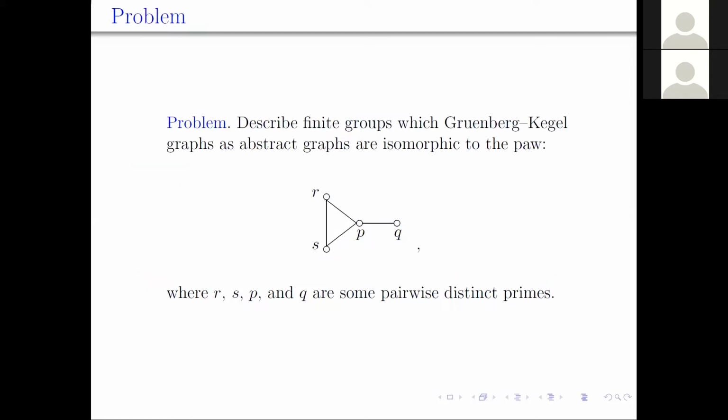So we pose a natural general problem: to describe finite groups whose Gruenberg-Kegel graphs as abstract graphs are isomorphic to the paw, where R, S, P, and Q are some pairwise distinct primes. And we will use this notation for the vertices of the paw throughout our talk.